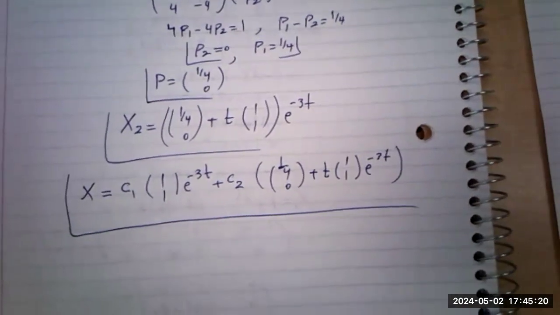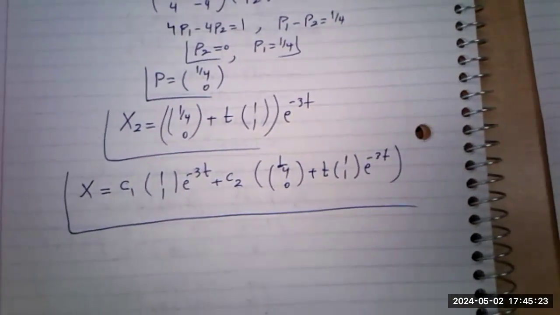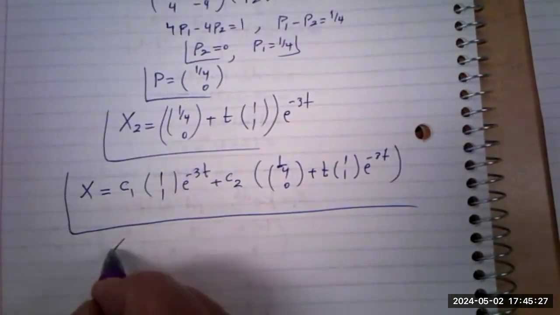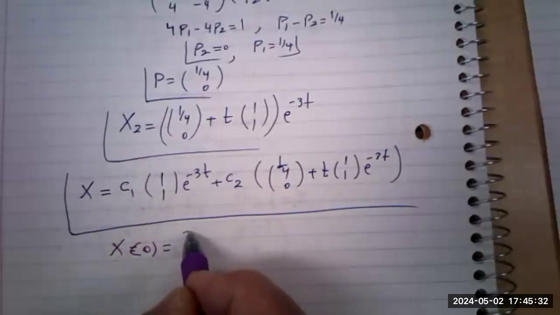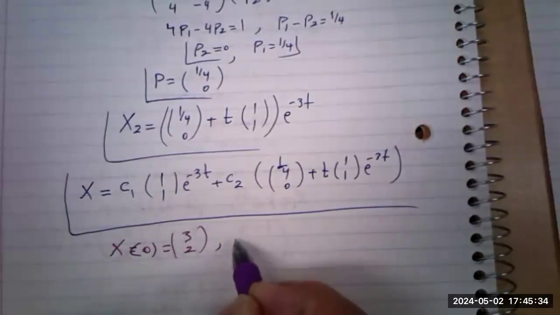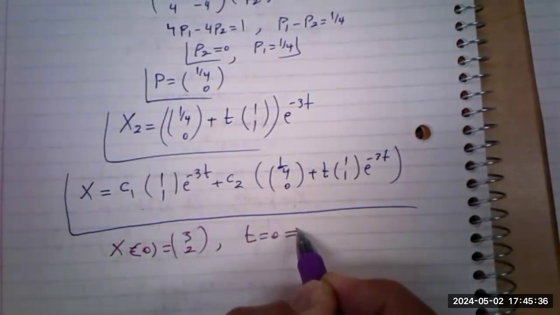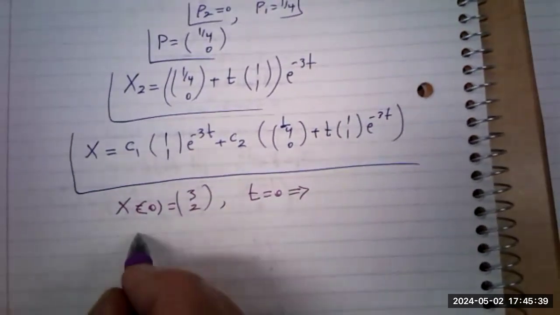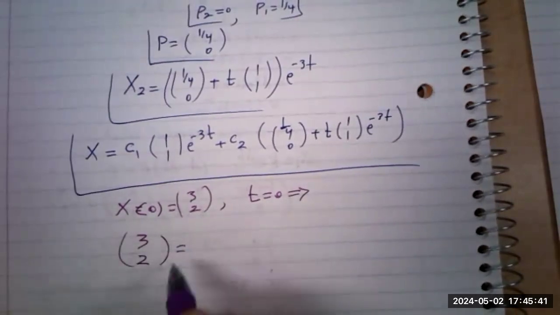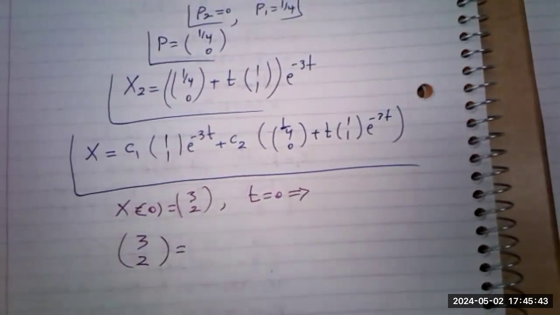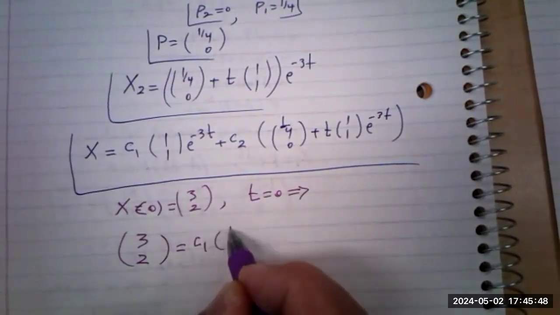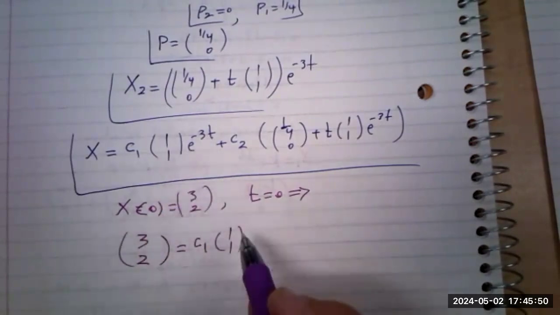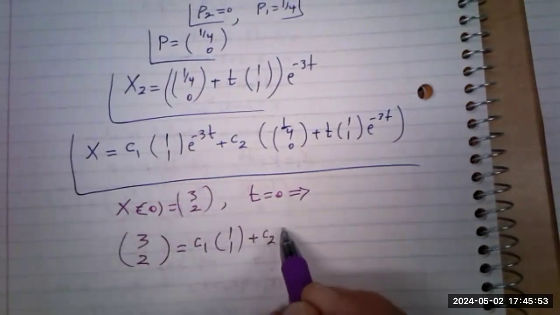And we have an initial condition, we are not done. Initial condition of 3, 2, so x of 0 is equal to 3, 2. So you are going to replace t by 0 in your solution, and you start with 3, 2. That gives you C1 times 1, 1, e to the 0 is 1, plus C2.